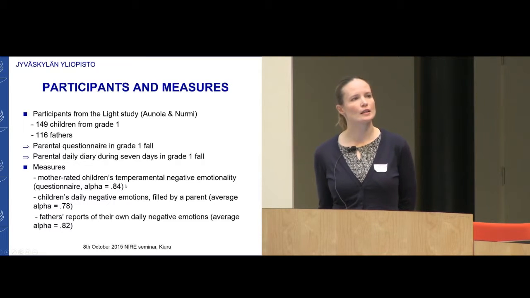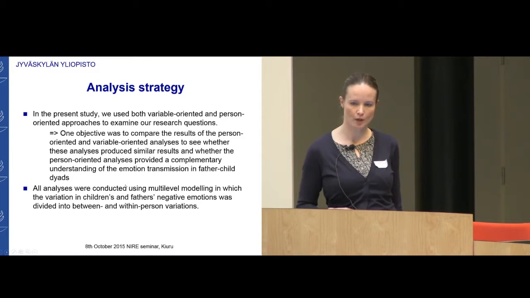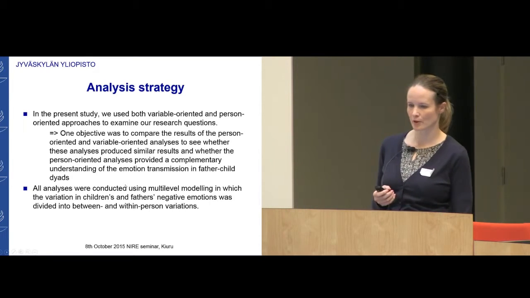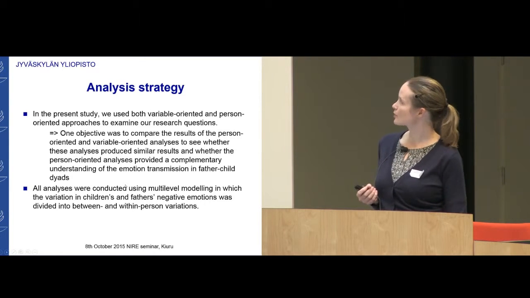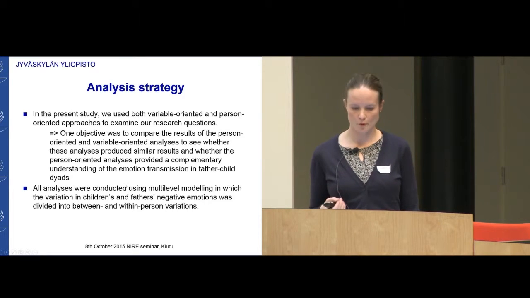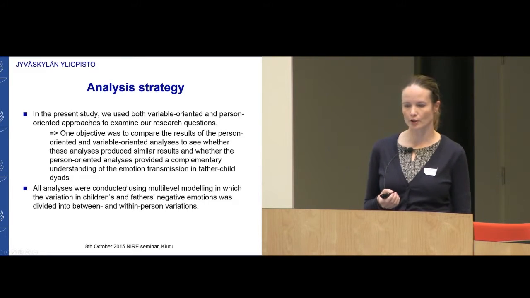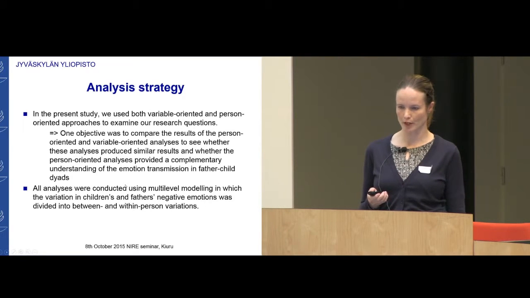And in this study, we used both variable-oriented and person-oriented approaches to examine our research questions. And one aim was to compare these approaches and whether we get complementary information, and all the analyses were conducted using multilevel modeling.